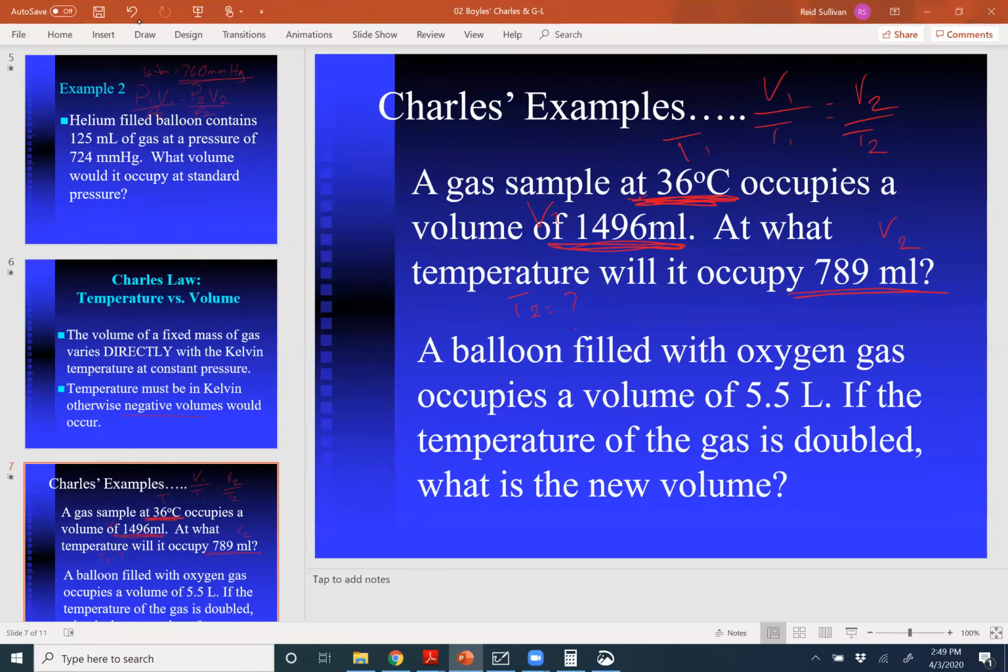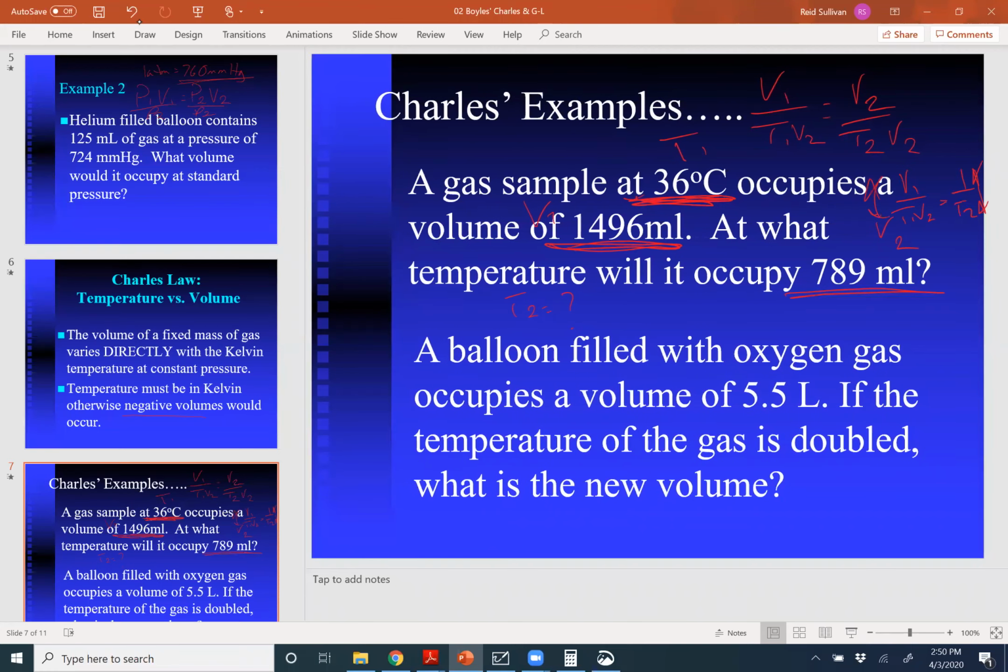If we divide both sides by volume 2, this will give us volume 1 over temperature 1 times volume 2 is equal to 1 over temperature 2. So to fix this, we have to flip both of them over. There's other ways to do it, obviously. You don't have to do it exactly that way. So what this will give us is temperature 1 times volume 2 over volume 1 is equal to temperature 2.